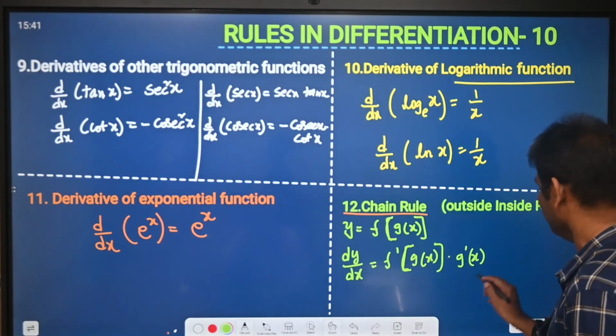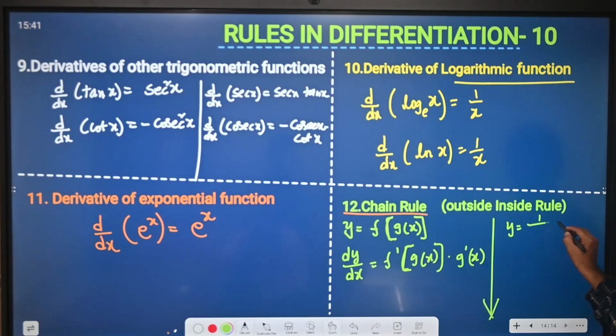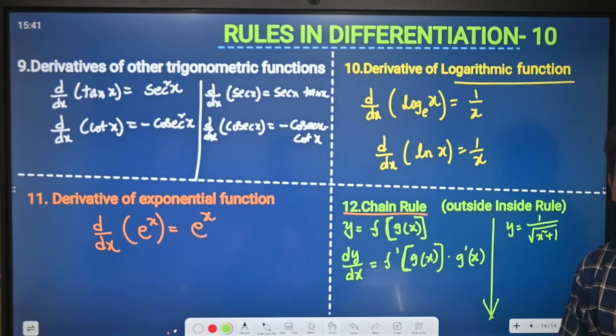For example, suppose this function is given as y is equal to root of x square plus 1.